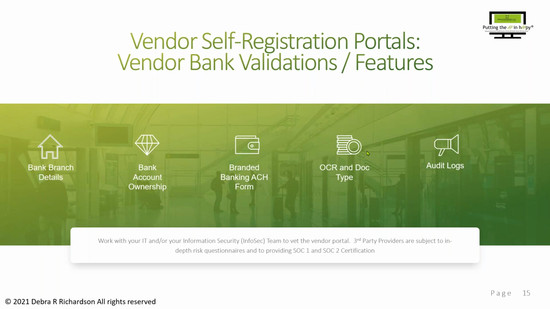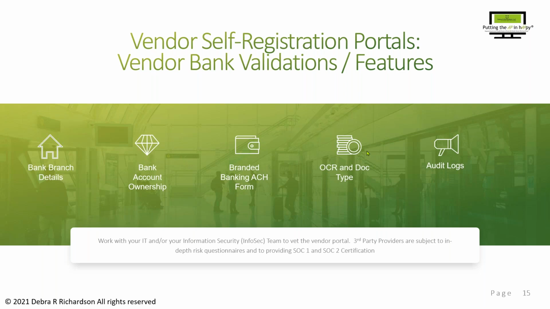The next one is bank account ownership validation. So some vendor portals will have the ability to link via an API to a service such as Early Warning or GIACT systems, and I actually tested that within a portal to match the vendor legal name to the bank account holder name. Now, for this to work, you will need to have a separate account with those services.